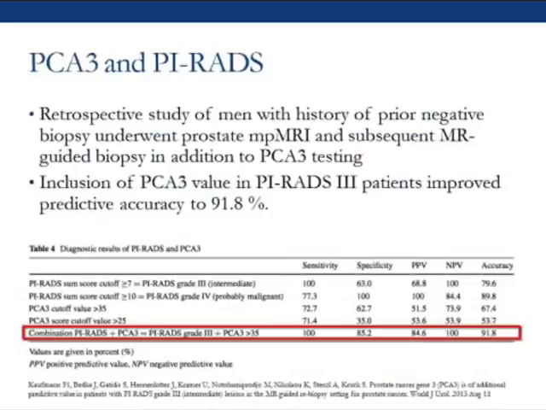And then when you incorporate those with the PI-RADS, this was a great study that showed that when you look at that indeterminate, that hedge call, the PI-RADS 3, the use of PCA3 actually improved the predictive accuracy to about 92%. So incorporating these markers may help us as clinicians determine the risk for a PI-RADS lesion.